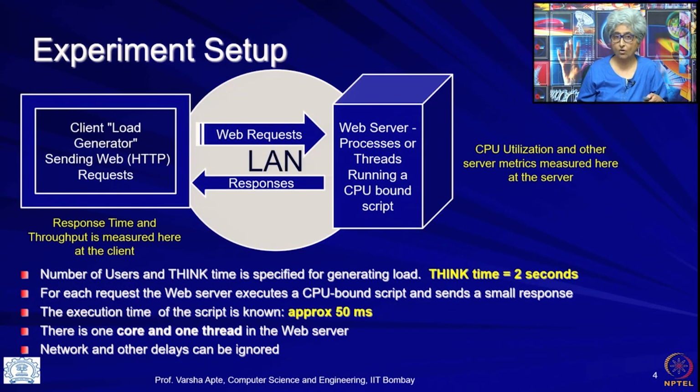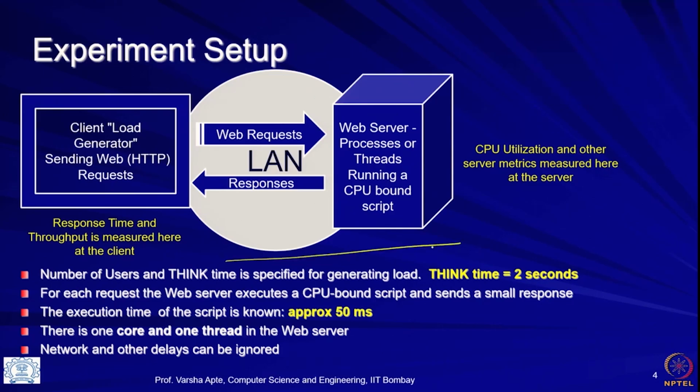Again, recall the earlier lecture where we had done this measurement case study of a web server. The setup is identical in terms of what is going on at the server. There is a web server which has multiple processes or multiple threads in one process.